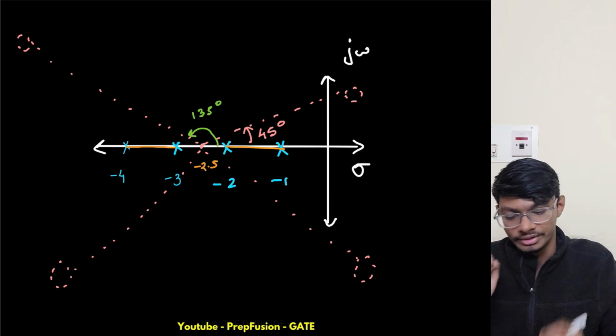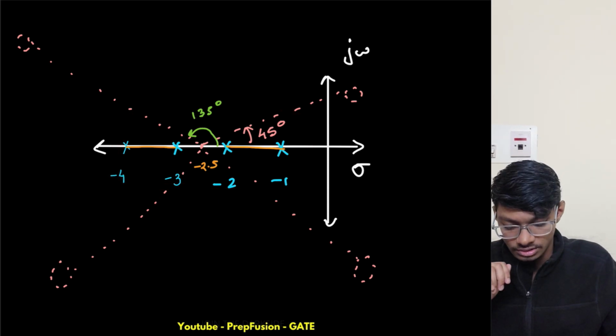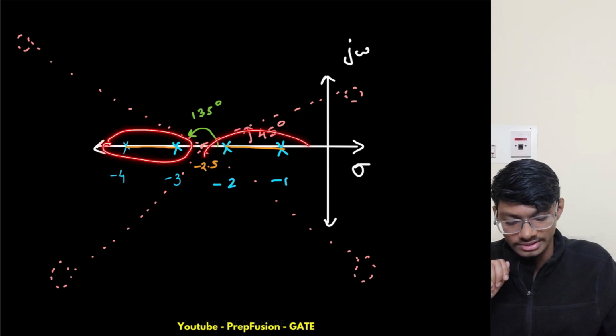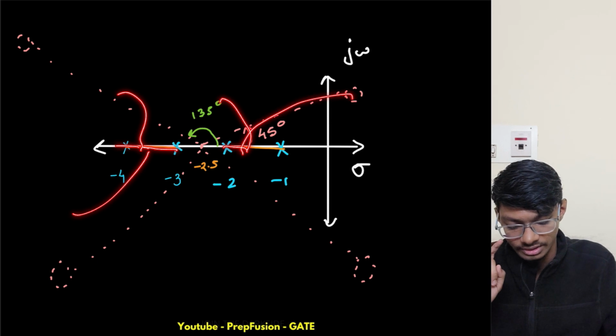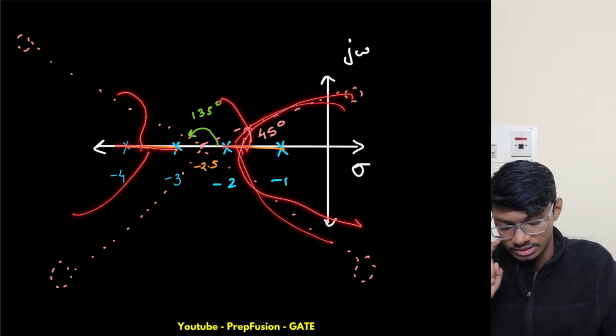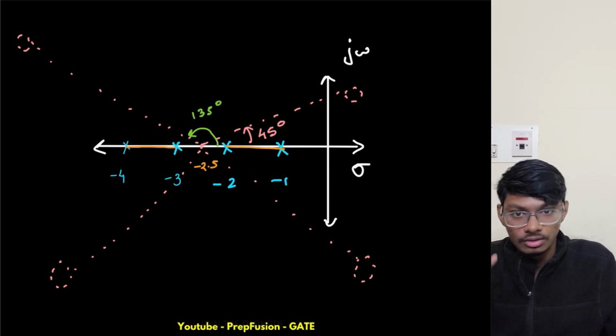There will be breakaway points, and from this diagram itself I can understand there will be 2 breakaway points, because I have 2 adjacent poles here and 2 adjacent poles here. So this one will come over here and they will break away, and this one will come over here and then they will break away like this, right? Okay, so this is how my root locus will be.